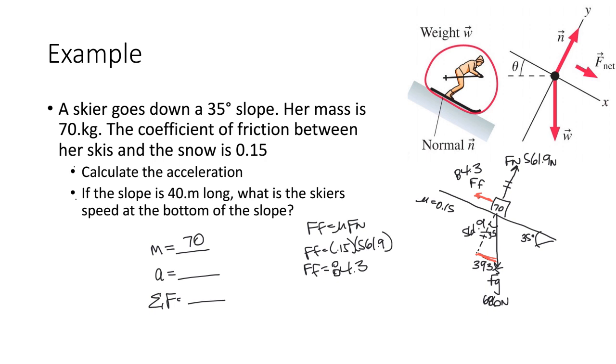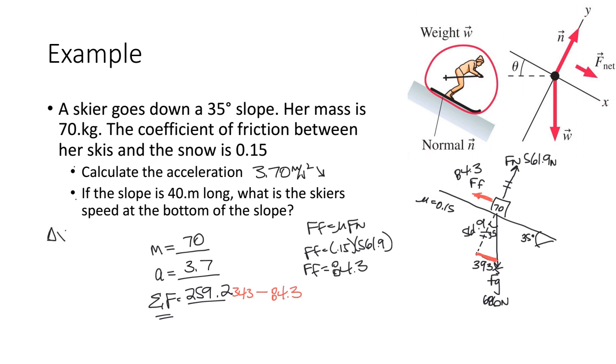So in finding our net force, once again, the upwards force normal cancels the downwards part of that force gravity. So really we're comparing this, which is 343, minus our force friction, which is 84.3. I got a net force of 259.2, which makes our acceleration 3.7 down the hill.